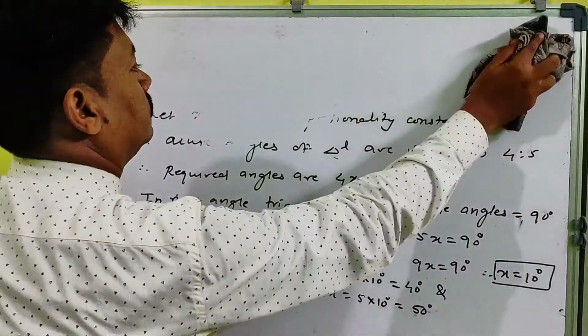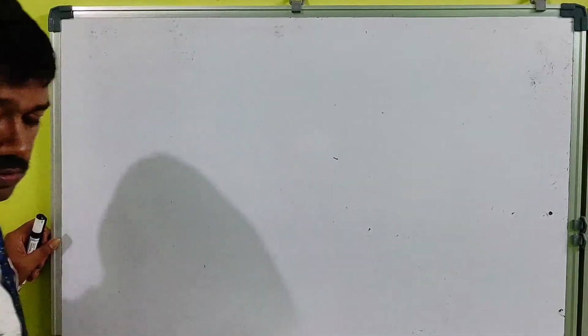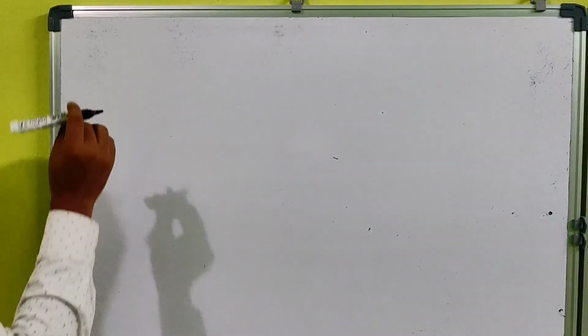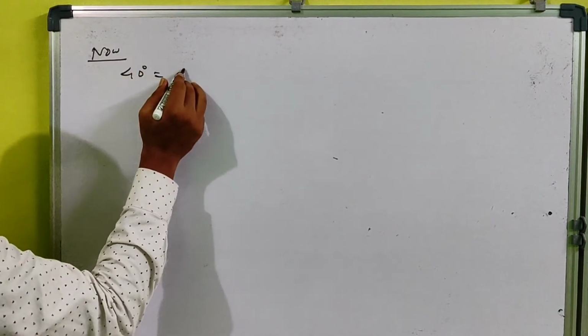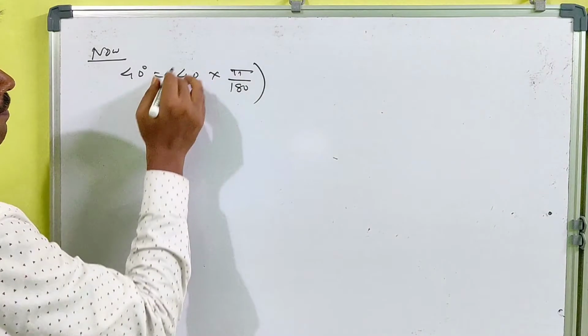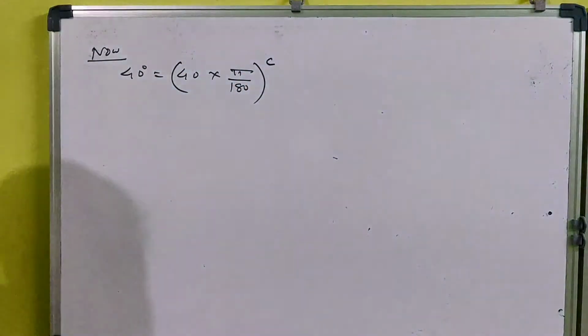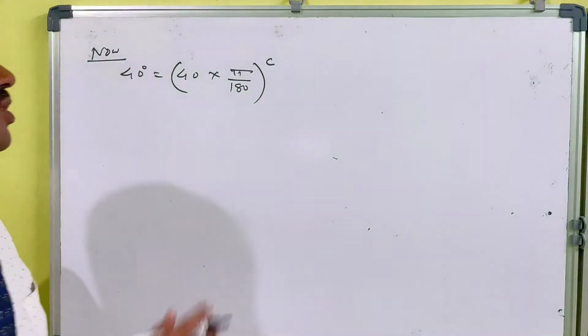So now 40 degrees is nothing but 40 into pi upon 180 radian. So the zeros cancel.